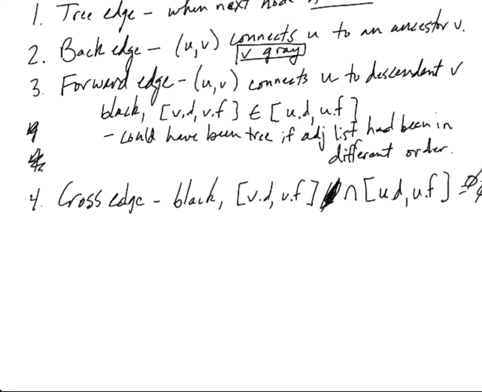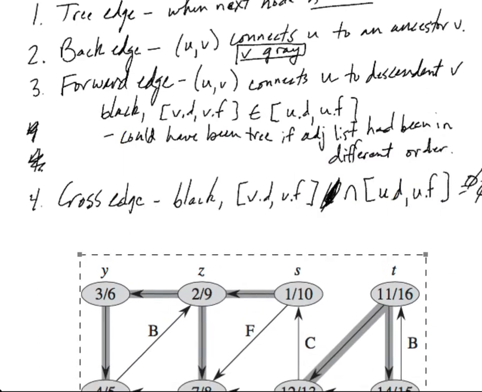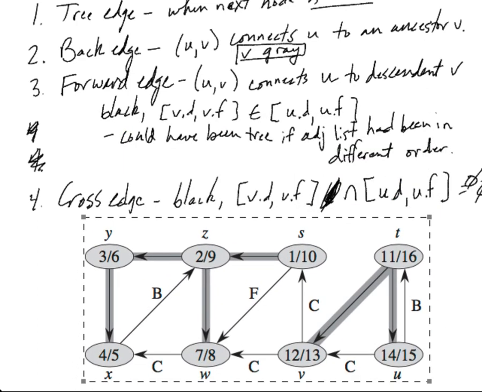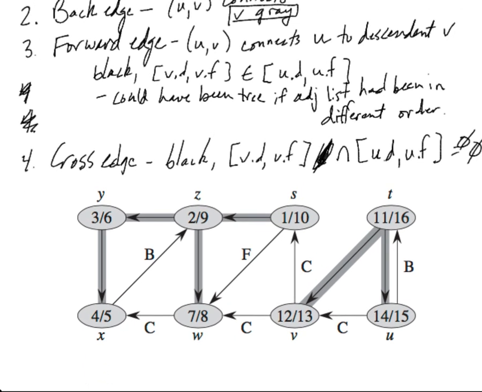All right, let's do an example here. Page 607. Now, we started at S, and this edge was first in the adjacency list. And when we visited Z, Z was white, and so that is a tree edge. Let's do this in red.